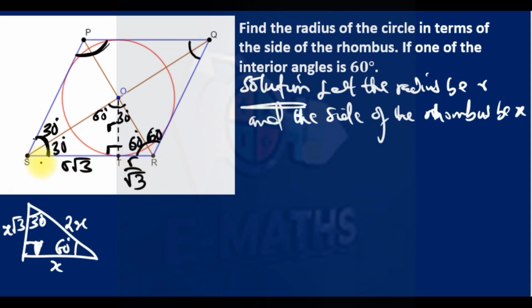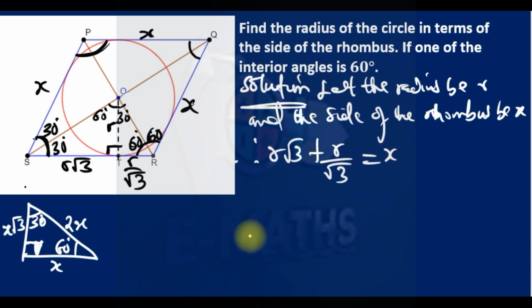So we've gotten the total length of this rhombus, and we say let it be x. In a rhombus, all the sides are congruent. So therefore, r root 3 plus r over root 3 must give us x.